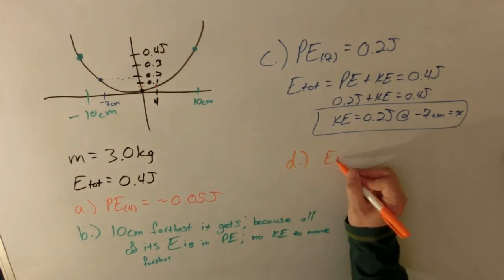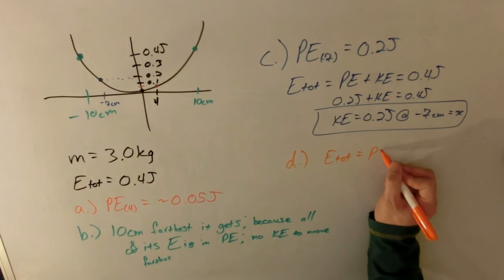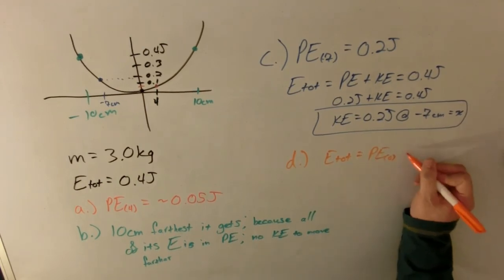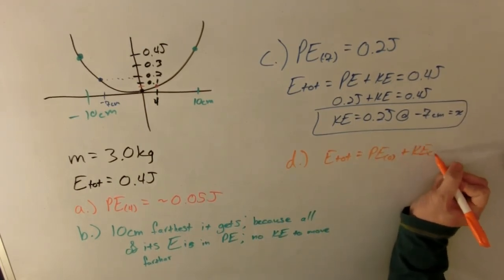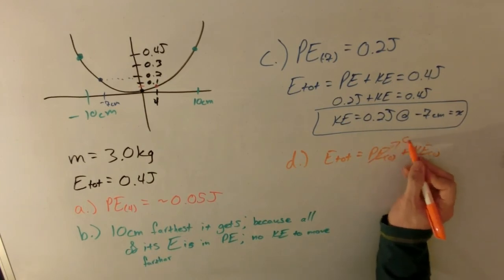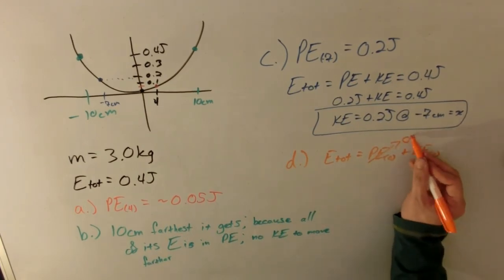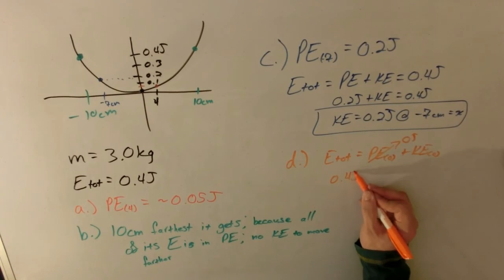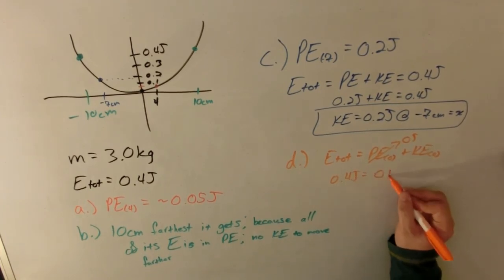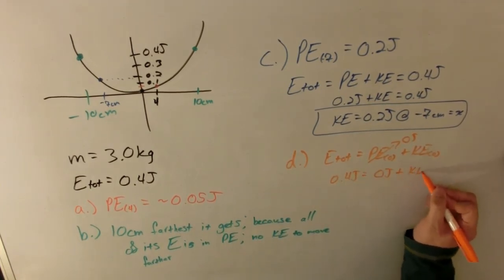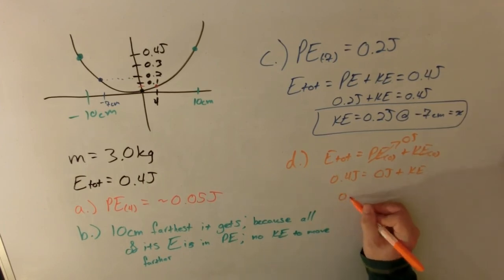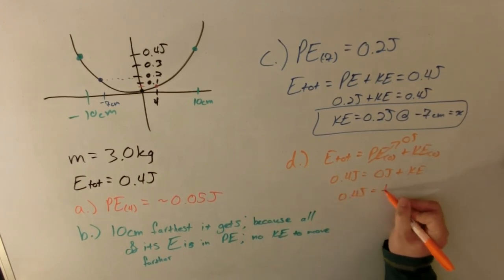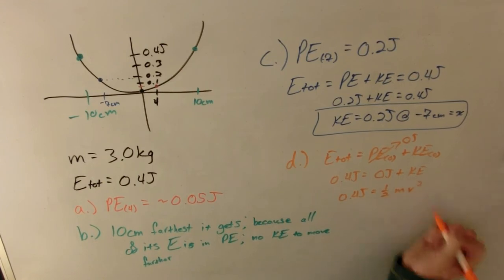So we know that our total energy equals our potential energy at 0 plus our kinetic energy at 0. Our potential energy was 0 joules. So that means 0.4 joules, our total energy, equals 0 plus our kinetic energy, and that means 0.4 joules equals 1/2 mv squared.